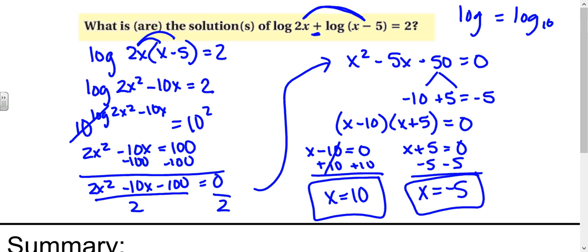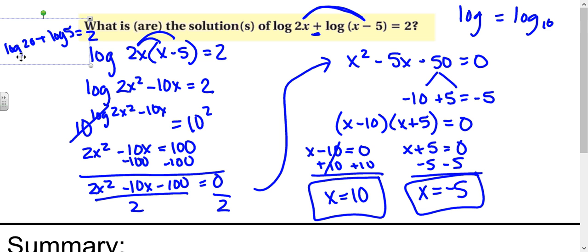So if you check them, we can go ahead and plug in 10. So I have log of 20 plus, and then 10 minus 5 would be 5, so log of 5, and then equals 2.